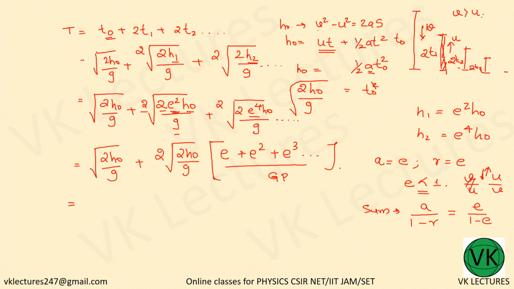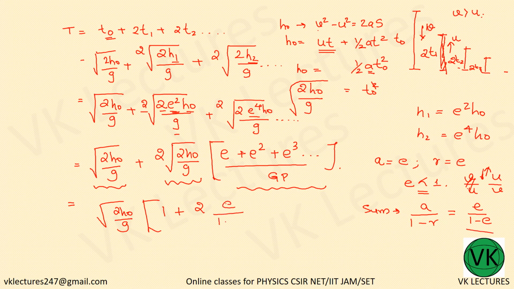Now what you can do is you can see this is a common thing that you can take out. Under root 2 h naught by g into 1 plus 2 into, now what we got, the entire term of the GP is the sum, right? e divided by 1 minus e.